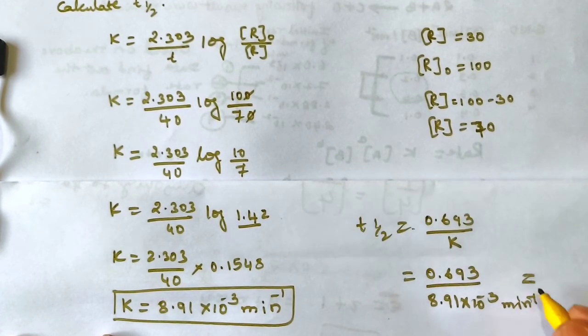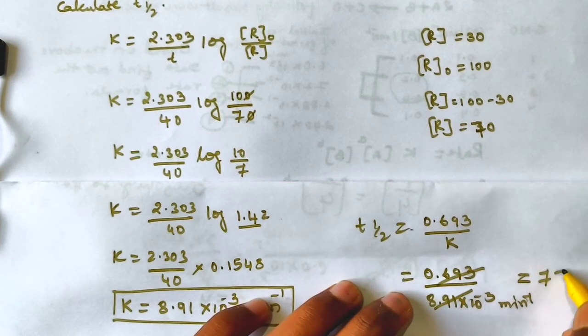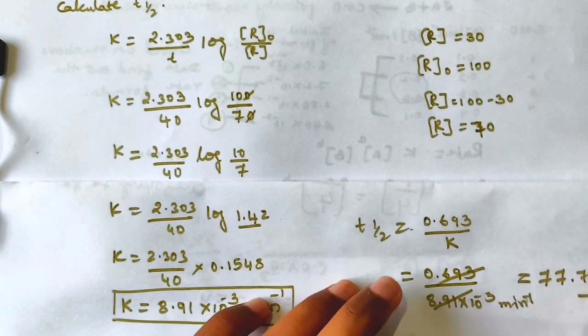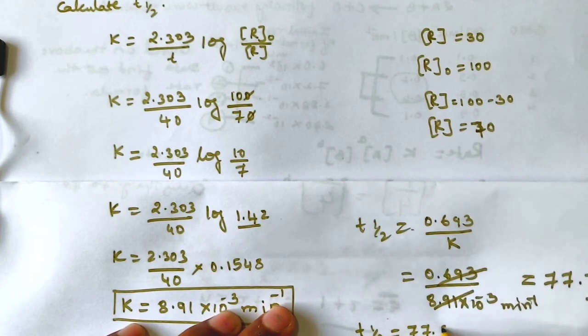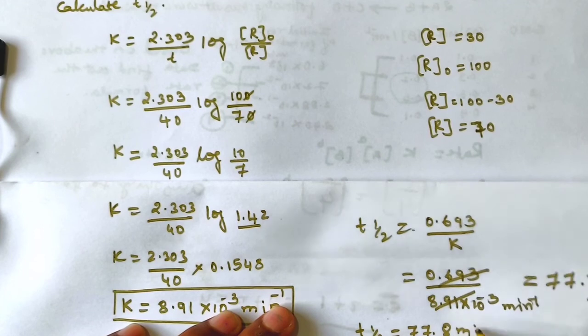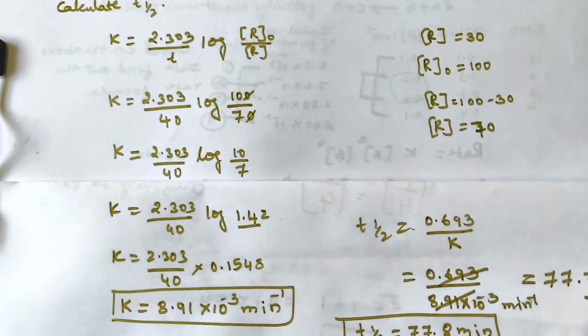If we divide this one, we will be getting 77.78 minute. So that can be approximately written as t half is equal to 77.8 minute. So this is the t half for the decomposition of the compound.